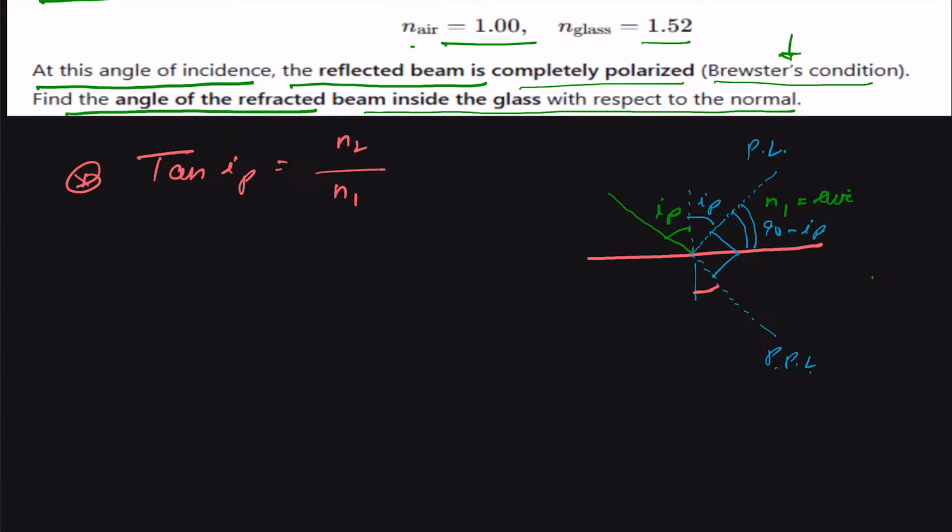So we can further write that this particular angle will be equal to I of P. This is our N2 and this is our glass.